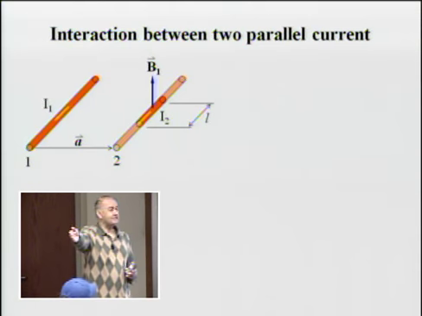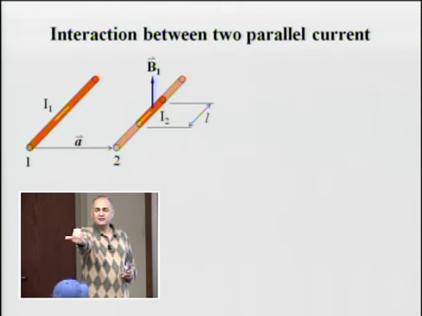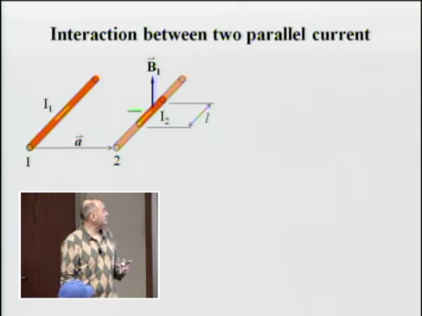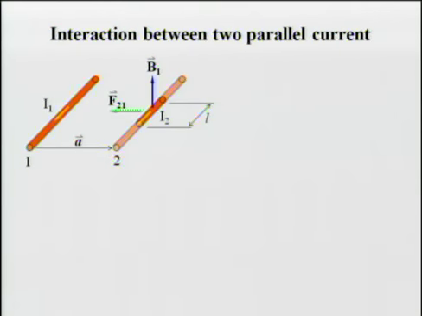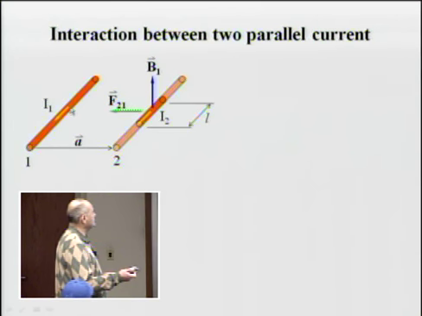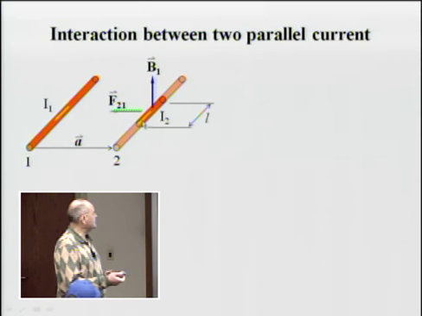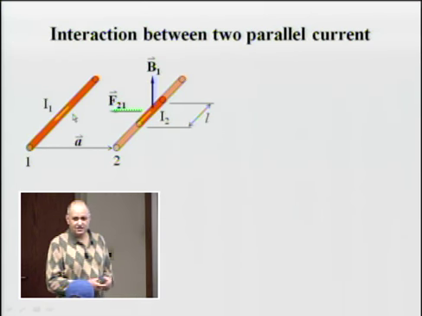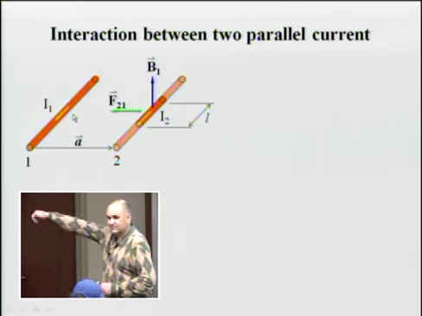Current flows this direction, the magnetic field is up, which means that the force is toward the other wire. Actually, let's see the other way: what kind of force this wire exerts on this one. So let's start with this. What is the direction of the magnetic field produced by this wire at this location? It will be down. Very good.